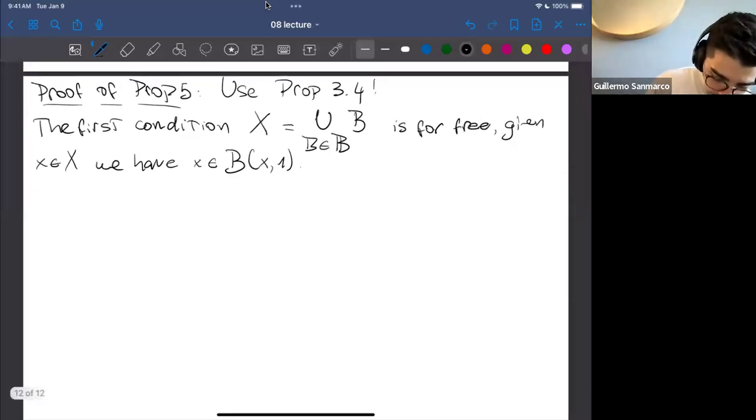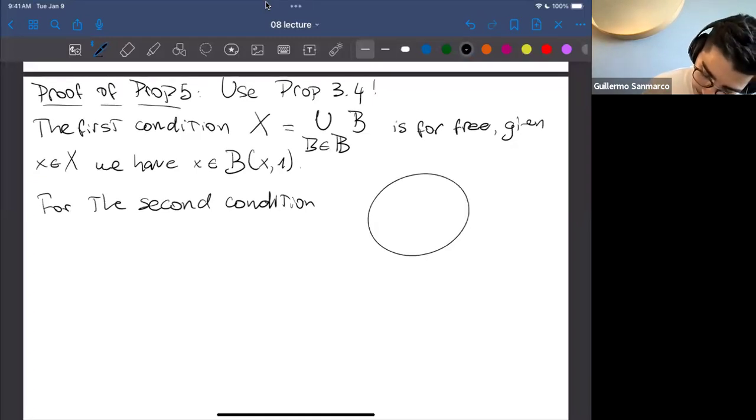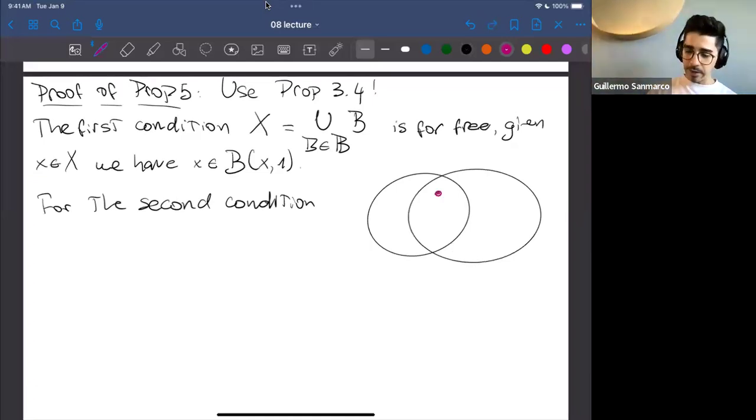For the second condition in proposition 3.4, we need to take two balls. First ball is here, second one is here. You intersect, you take any point here, and you want to include a ball in the intersection.